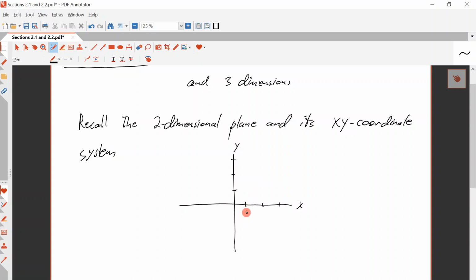So if you picked a pair of numbers, 1, 3, something like that, you use 1 on the x-axis, 3 on the y-axis, and you get this point 1, 3. Or, another point here, 2, 1.